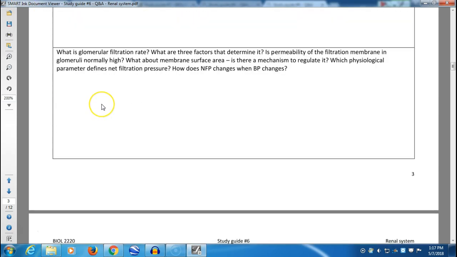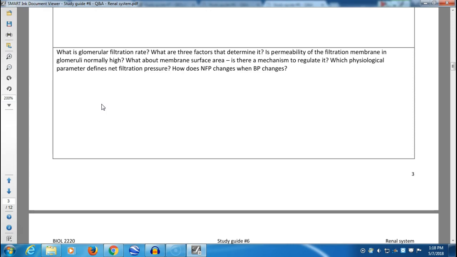GFR is the amount of filtrate formed per minute. There are 3 factors that determine it. Permeability of the membrane, which is super high and usually doesn't change. Surface area of the filtration membrane, which is usually high, sort of, but can be regulated by mesangial cells.